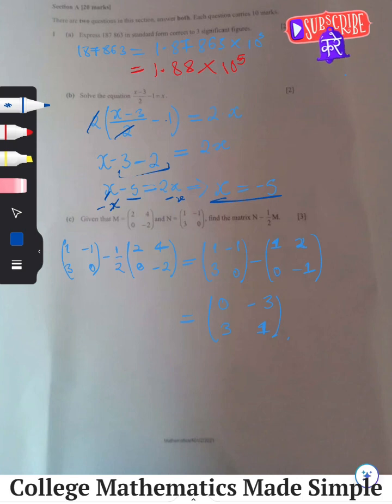Now we are going to subtract entry by entry. This is 1 minus 1, 0. Negative 1 minus 2 is negative 3. And 3 minus 0 is 3. Then 0 minus negative 1, which is 0 plus 1, which is just 1.